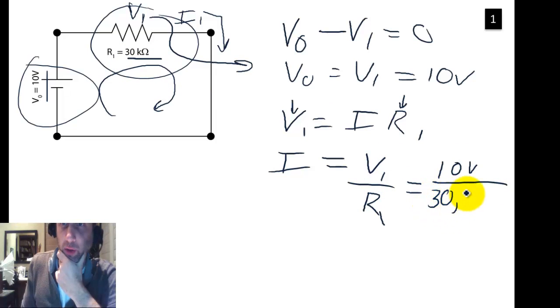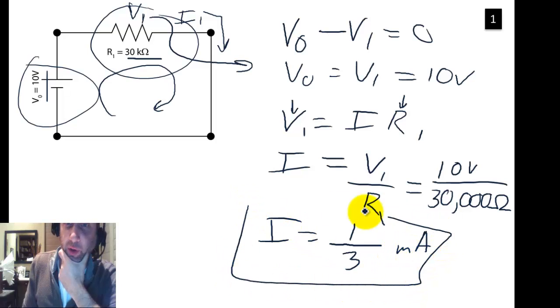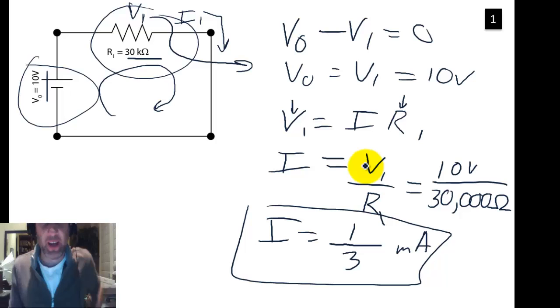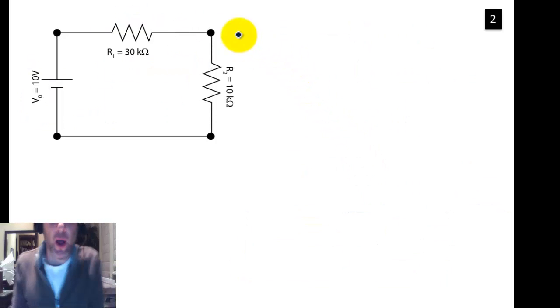So 30 kilo ohms, 30,000 ohms. So that equals 1 over 3,000 amps. It's really one third of a milliamp, which is a nicer way of putting it. So that is that. Let's try something a little bit more complicated.